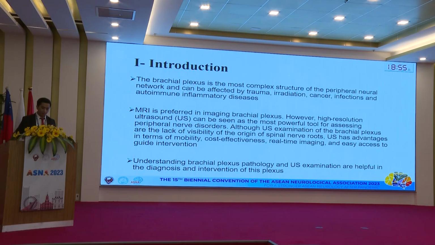MRI is preferred in imaging the brachial plexus. However, high-resolution ultrasound nowadays can be seen as the most powerful tool for assessing peripheral nerve disorders.